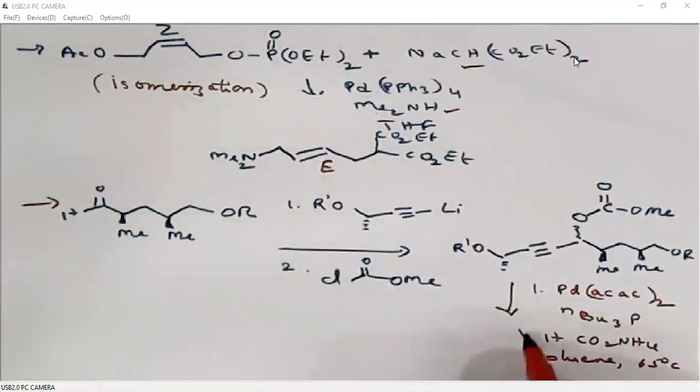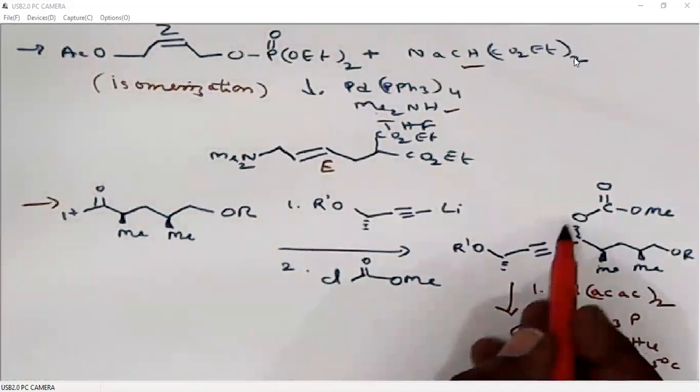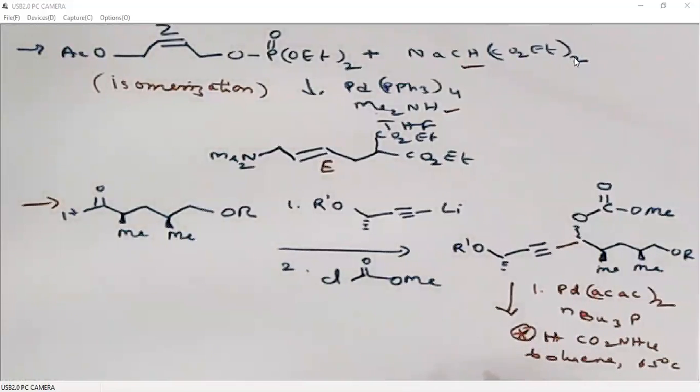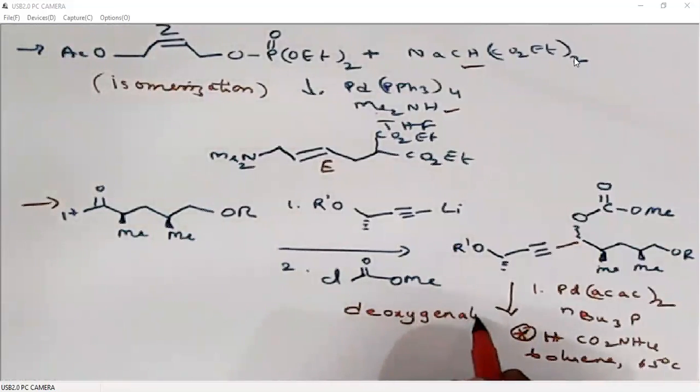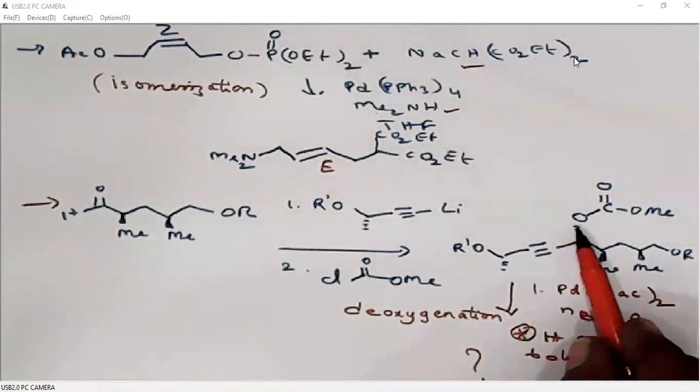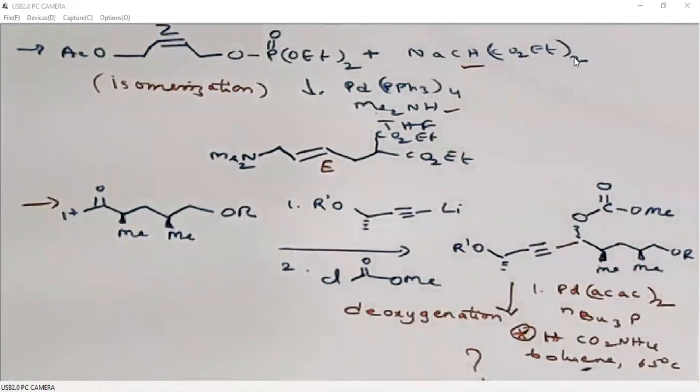Instead of a nucleophile, we are using ammonium formate. Under this condition, the allylic oxygen will be removed. So this is a simple method for deoxygenation. It's a simple and better method compared to the Barton-McCombie reaction. Please write the product. Just remove this oxygen moiety and place hydrogen. That's it.